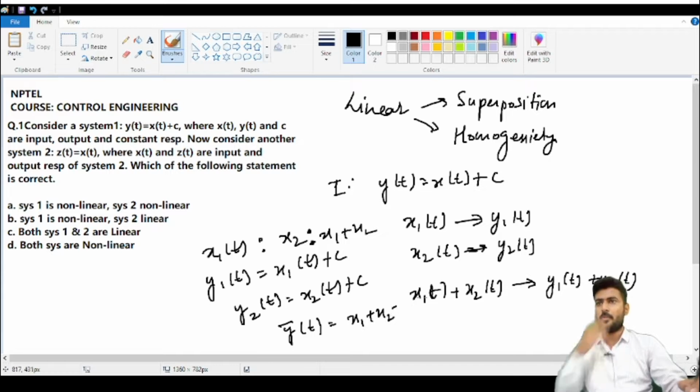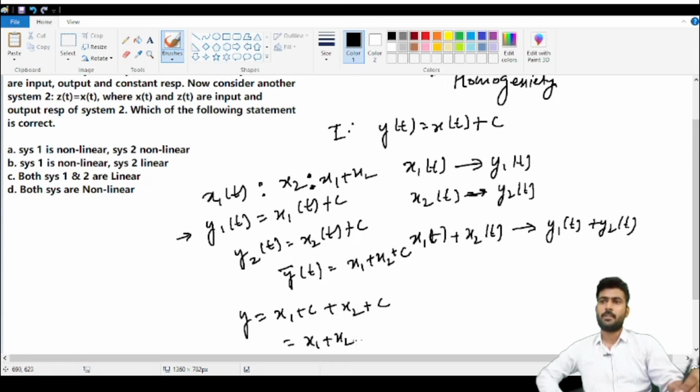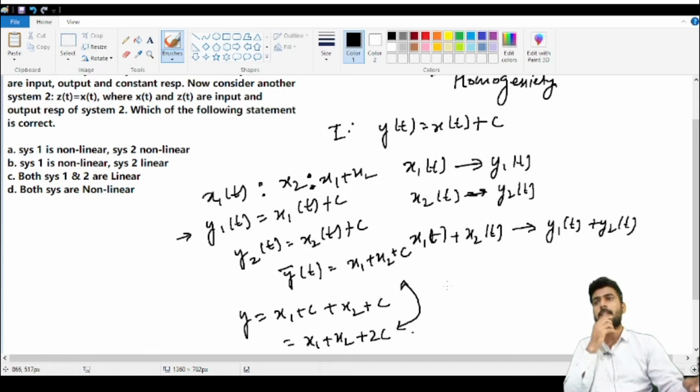But the sum of the individual outputs turns out to be x1 + c plus x2 + c, which is x1 + x2 + 2c, and these two are not equal. So we can clearly say that it does not follow the principle. One thing is clear, that system 1 is non-linear.